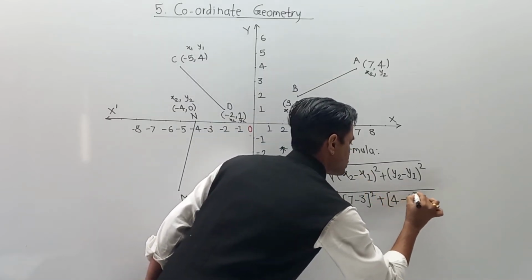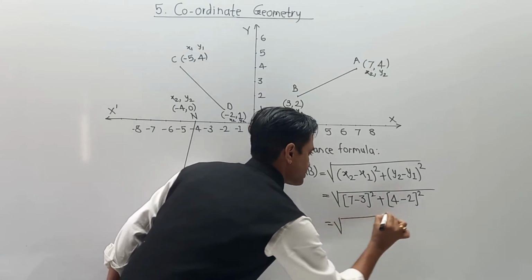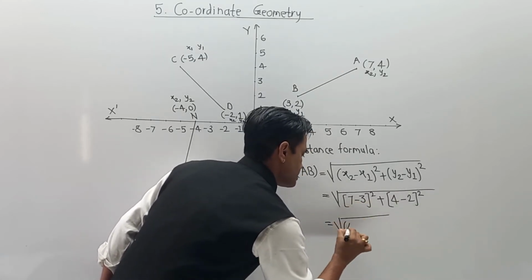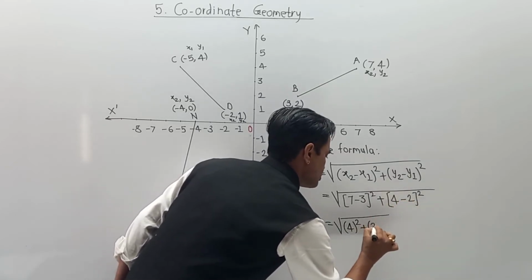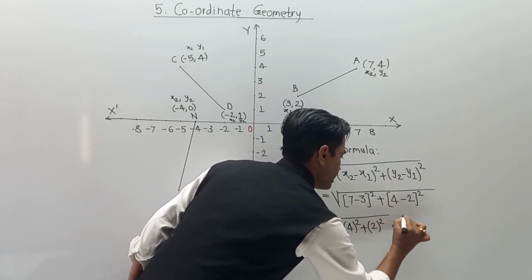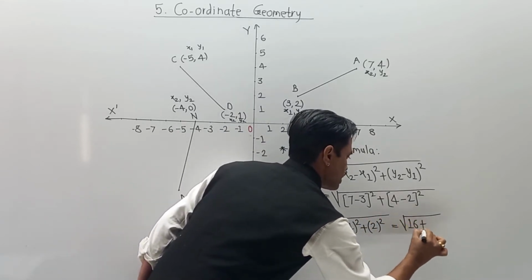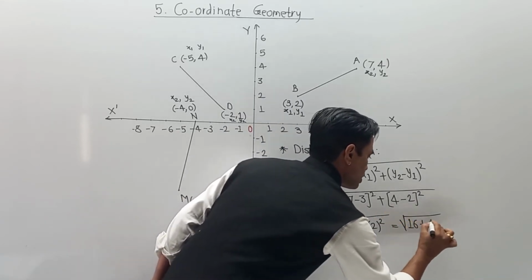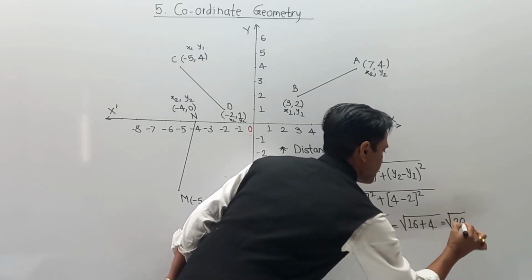So (4 minus 2) square. This simplification becomes 7 minus 3 means 4 square, plus 4 minus 2 means 2 square, and 4 square is 16 plus 2 square is 4, and that entire value becomes under root of 20.